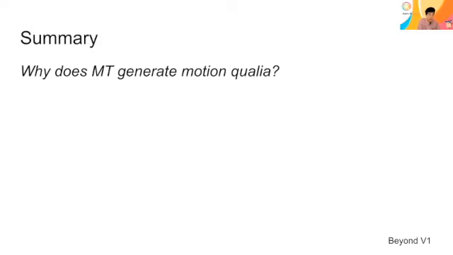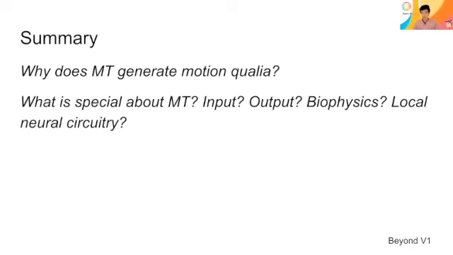Now the question is, why does MT generate motion qualia? What is special about MT? At least anatomically, the input to and output from MT are different. Potentially, neurons within MT may have different biophysics. Also the local neural circuitry, like the layer structure and input-output relations to others, is lawful, but there could be differences. Within local areas of the brain, the connectivity between neurons may be slightly different.